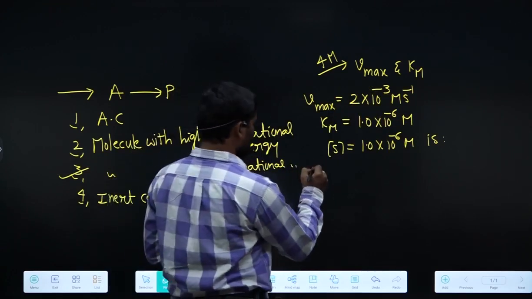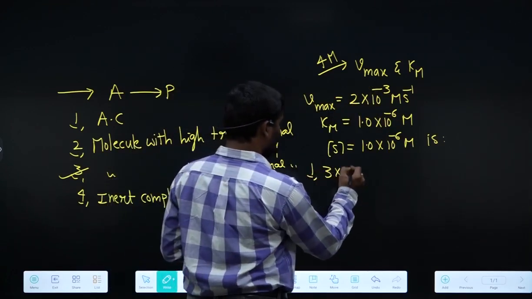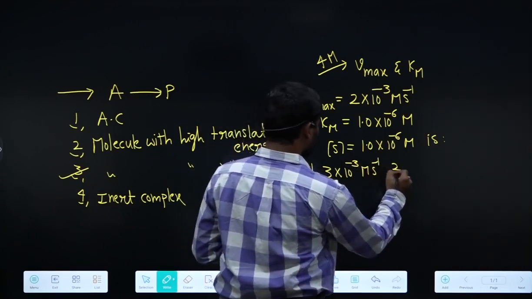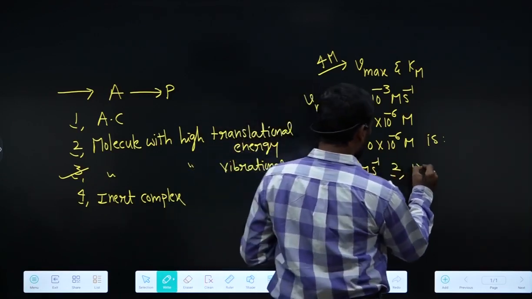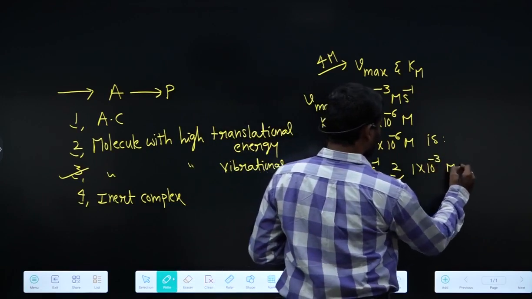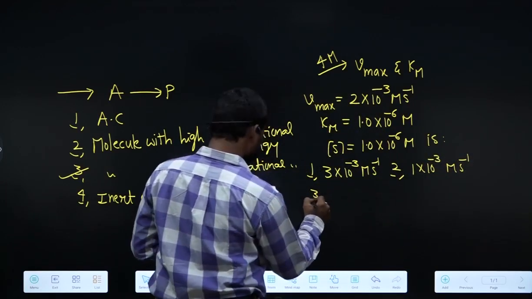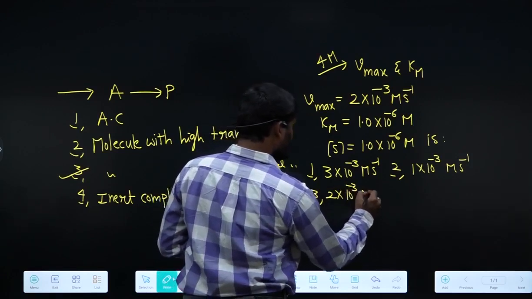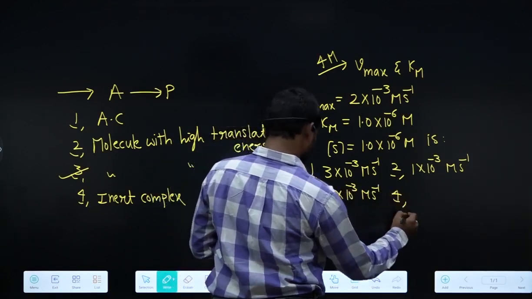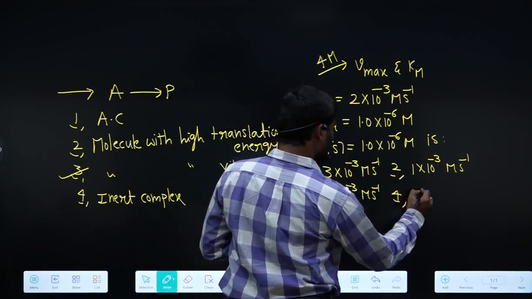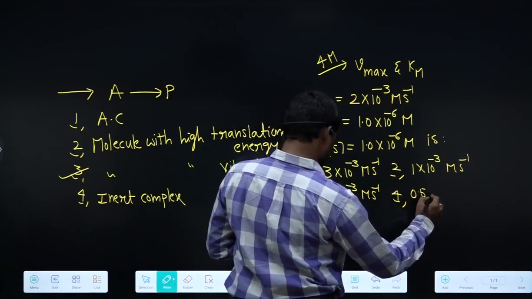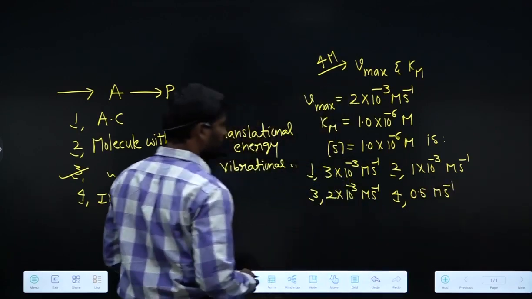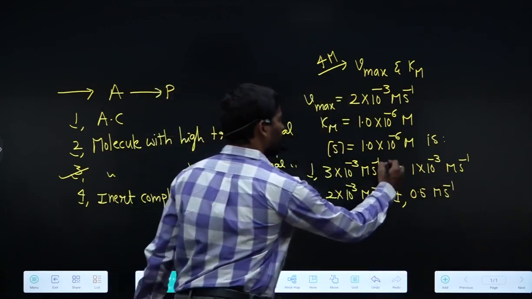Options given like this: 3 into 10 power minus 3 m second inverse, 1 into 10 power minus 3 m second inverse, 2 into 10 power minus 3 m second inverse, 0.5 m second inverse. Okay, that is option 2.